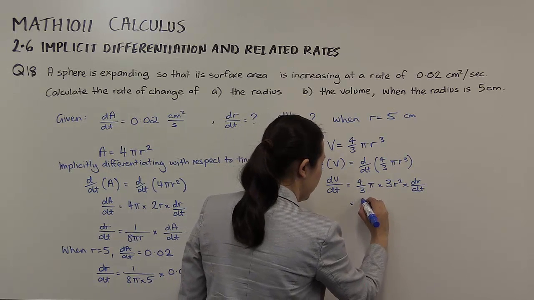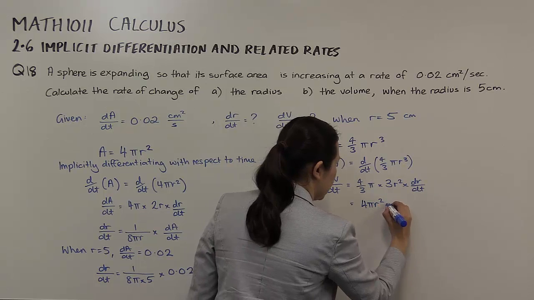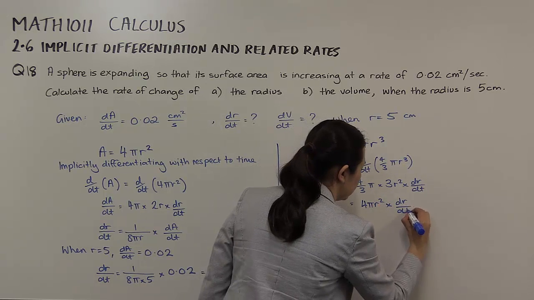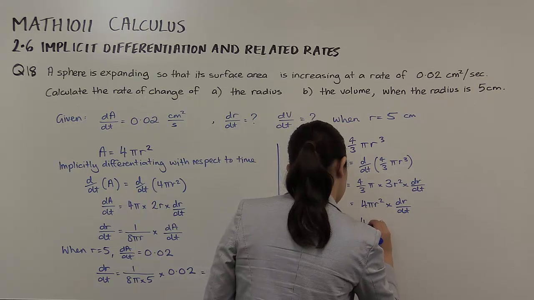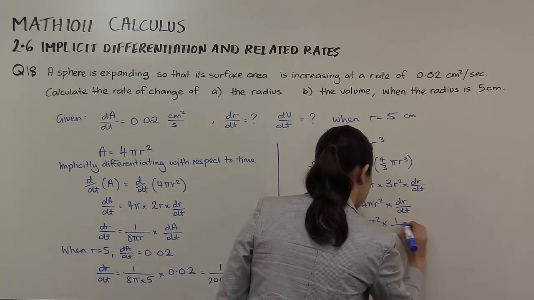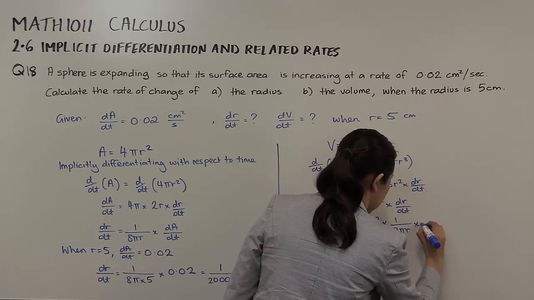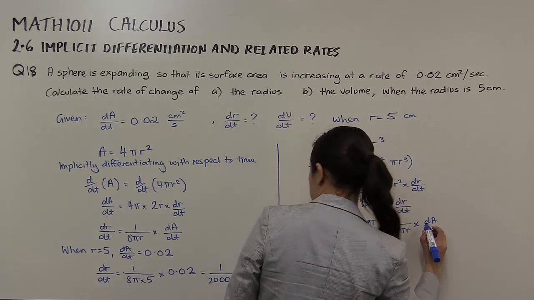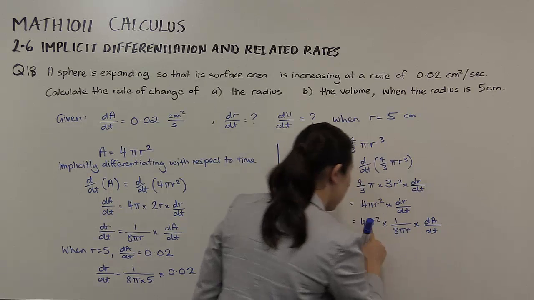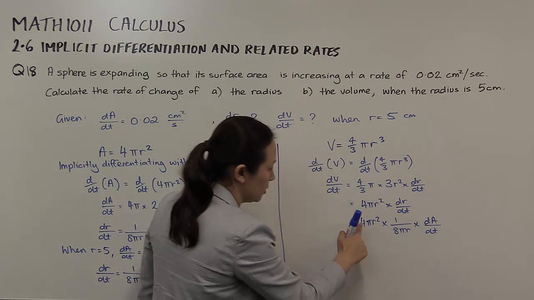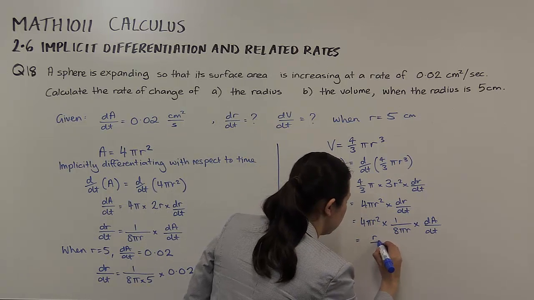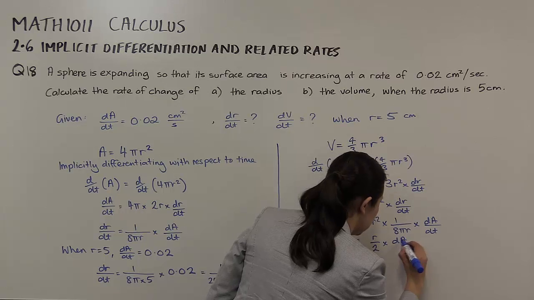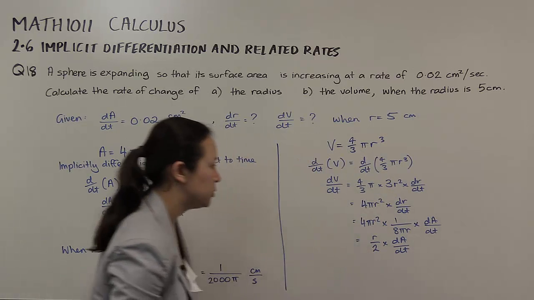Simplifying that, we're after dV/dt, so I'll leave it as the subject. This is going to be 4 pi r squared times dr/dt. And I know dr/dt is 1 on 8 pi r times dA/dt. So 4 pi r squared times 1 on 8 pi r times dA/dt. We can simplify that further because 4 will cancel, pi will cancel, and an r will cancel. So that will be r over 2 times dA/dt once we neaten it up.